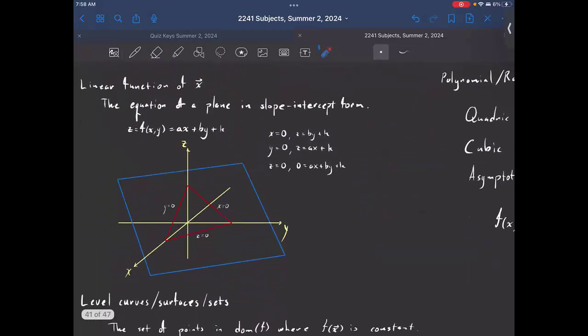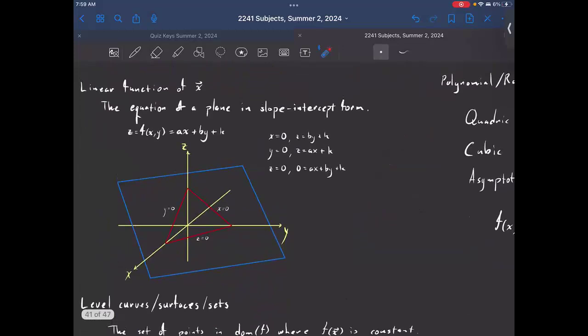All right, what do linear functions look like? It's the equation of a plane in slope-intercept form. So z equals ax plus by plus k. If x equals 0, so along the yz plane, then z equals by plus k, that's this line. If y equals 0, we get z equals ax plus k. So y equals 0, we get the xz plane and this line.